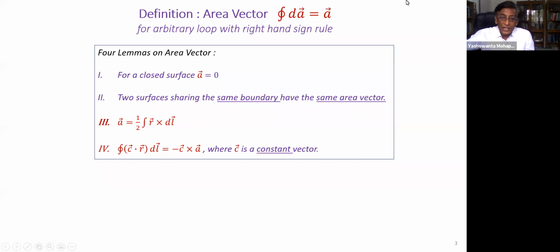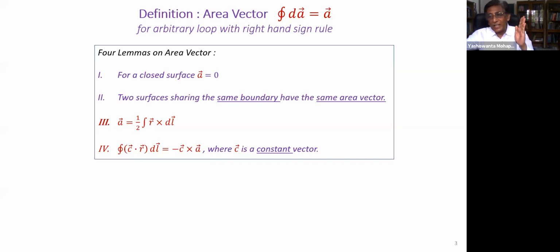And the area vector for a curve can be computed in the basis of half r cross dl. dl is along the path, along the curve, and r is from the origin. This also we will prove. And an important result which I'll use: suppose C is a constant vector, something like, let's say, a unit vector. All unit vectors are constant vectors.